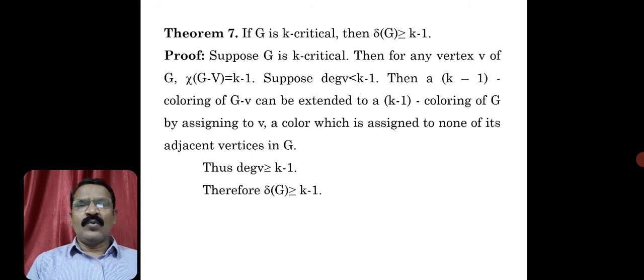Similarly, if you consider C5, a cycle with 5 vertices, the degree of every vertex is 2. So maximum is also 2, minimum is also 2. There the maximum degree and minimum degree are equal.